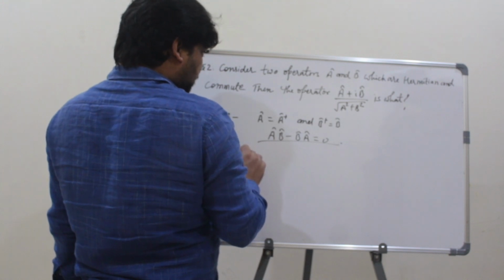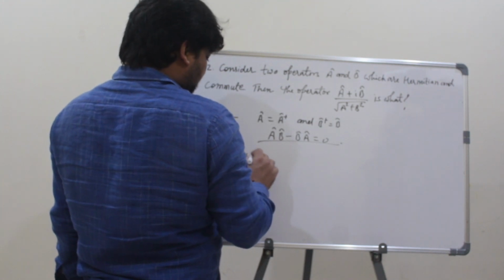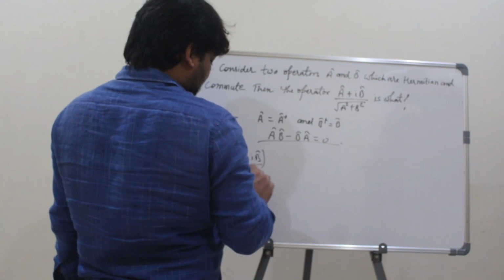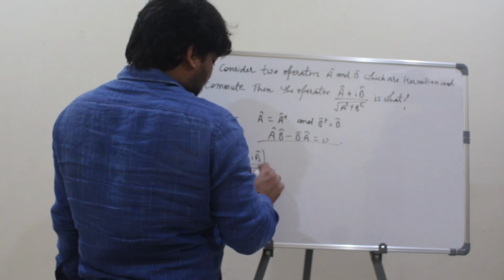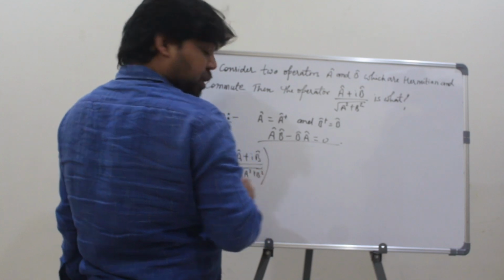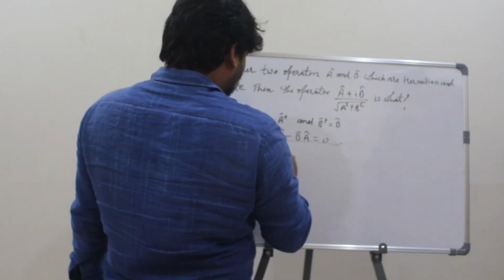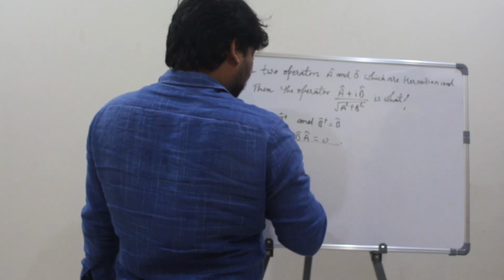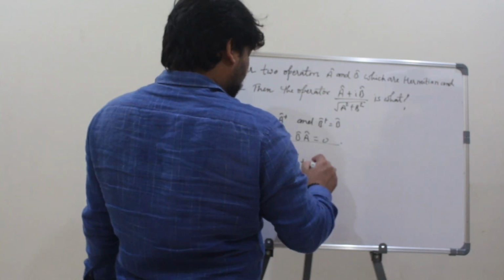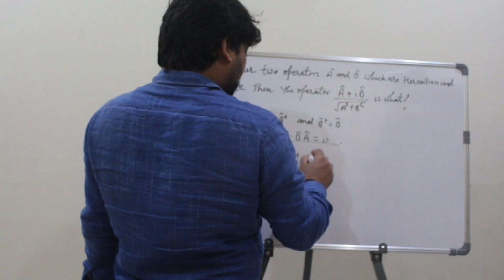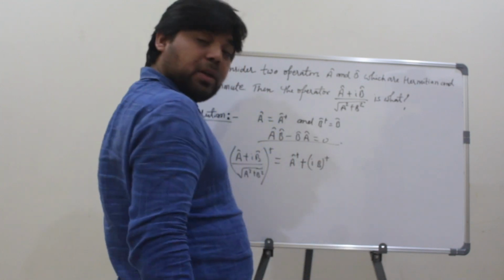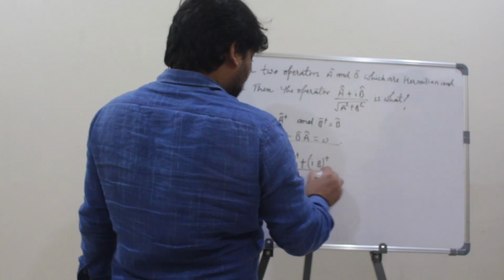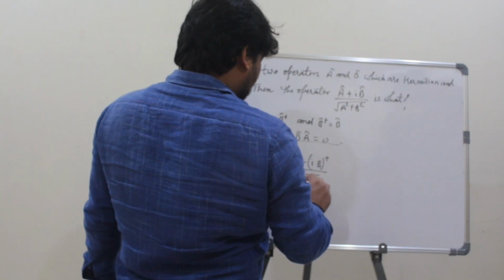So let us take its Hermitian conjugate. Remember that the quantity below is not an operator, it is a mod. So (A plus iB) whole dagger gives you A dagger plus i B whole dagger, divided by root of A square plus B square.